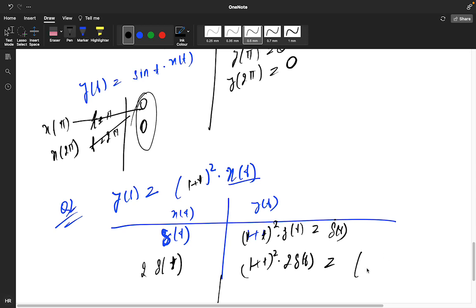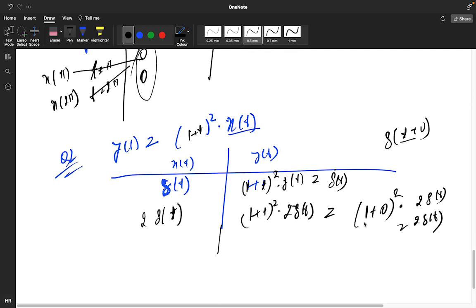You will get 1 plus 0, because delta is t plus 0 only. So what will the value of t be? 0 only. So put t equal to 0, the whole square into 2 delta t. So you are getting 2 delta t. So like that you will see this is invertible.